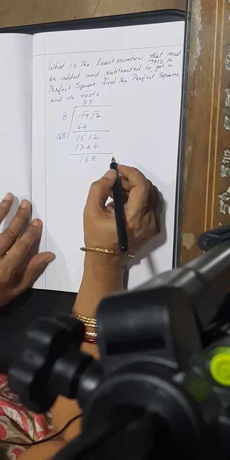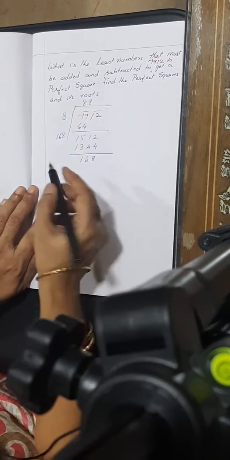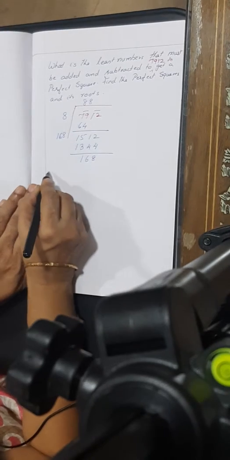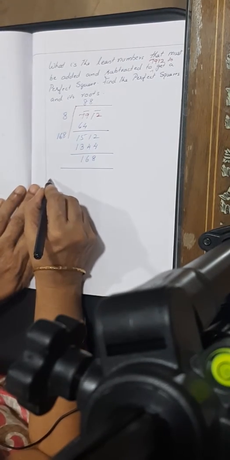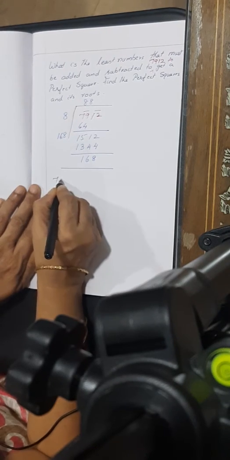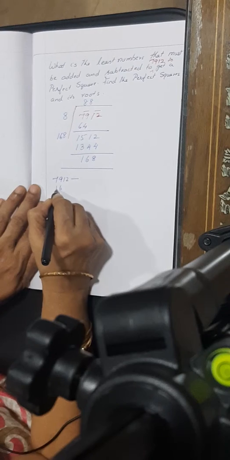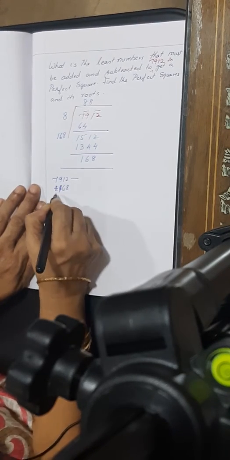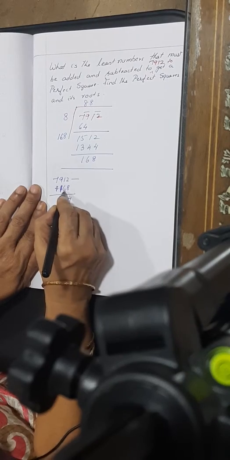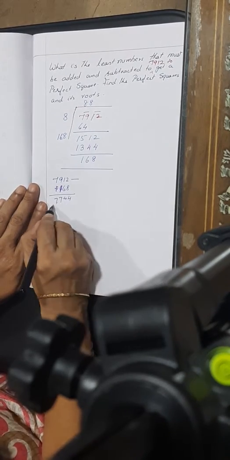remainder. Now you subtract 168 from 7912. So 7912 minus 168, 7744 you get.